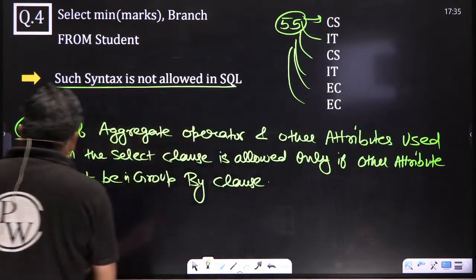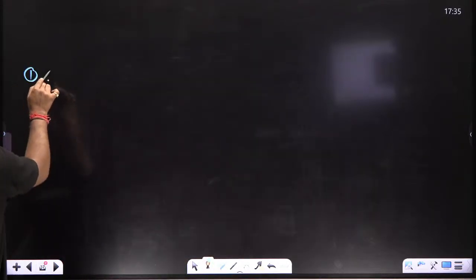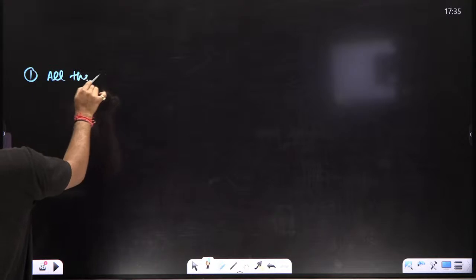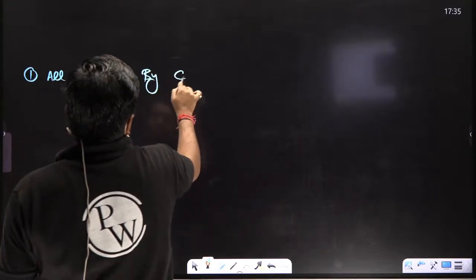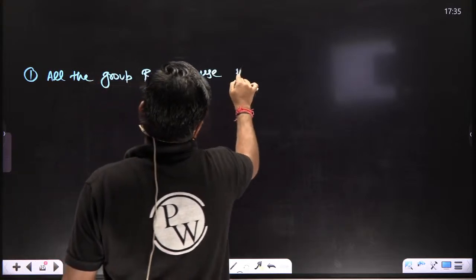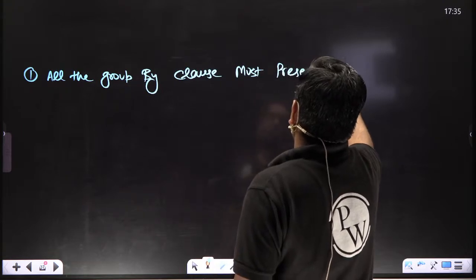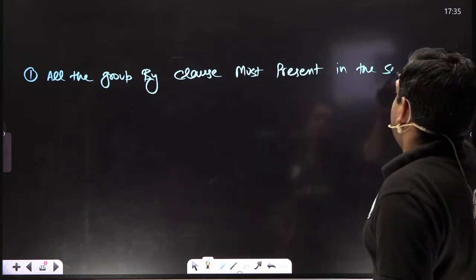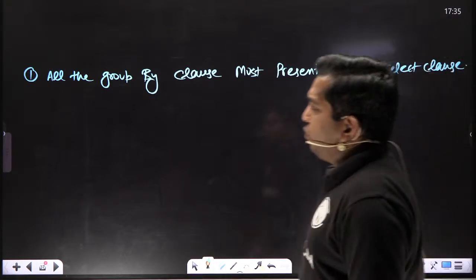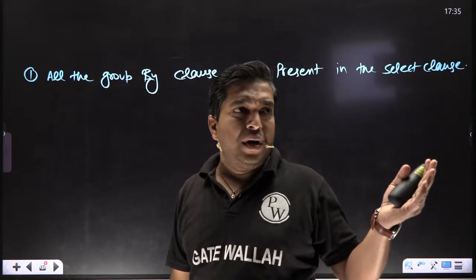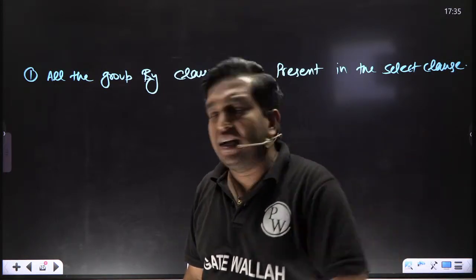Listen carefully, what I can write: all the group by clause must be present in the select clause. Whatever attribute we are using in the group by, that must be present in select clause.